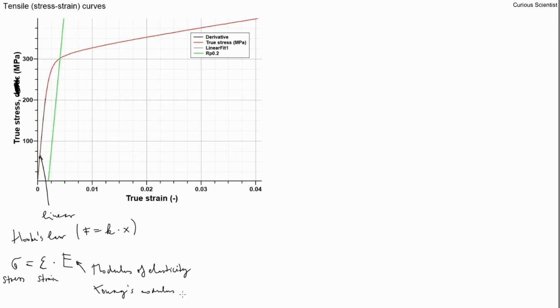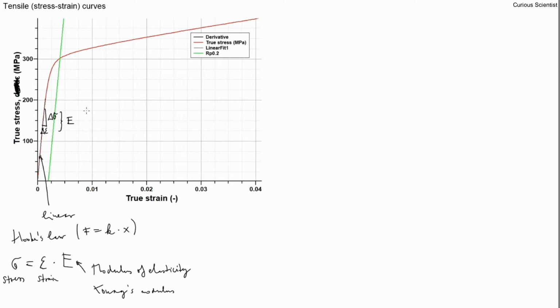So when you do a tensile test, you have to evaluate this section of the area by fitting basically a linear curve on this section. I will show you how to do it. And by evaluating the slope of this curve, delta epsilon and delta sigma, you can get the Young's modulus.